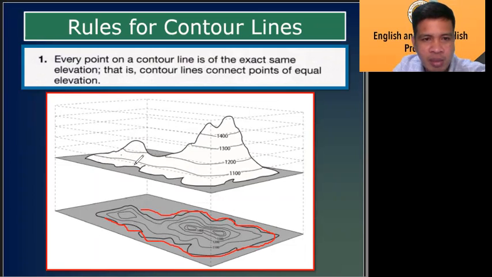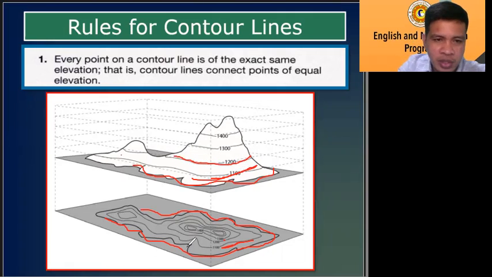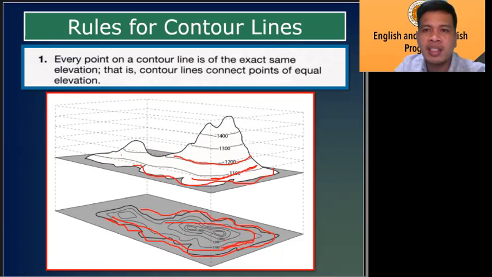Let's say this is the ground level, and the second one is 1,100. This is the elevation. And the next one is 1,200. So if you see this line from this one around, they have the same exact elevation of 1,100.